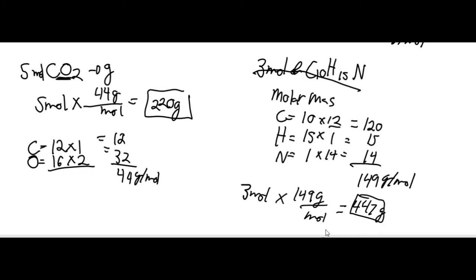Okay, let's move on to another topic. Moles to Avogadro's number, or atoms. Okay, let's discuss something about it. 1 mole is equal to Avogadro's number, which is 6.02 times 10 to the 23rd.